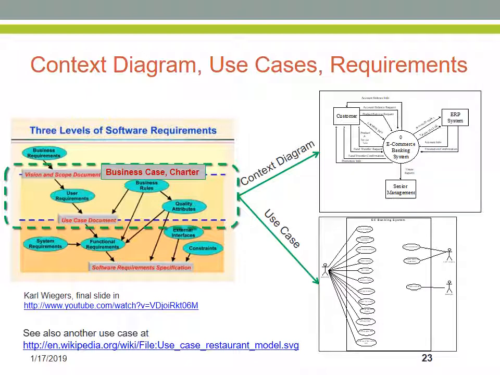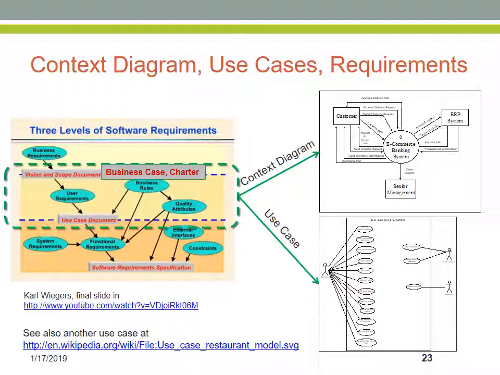So as we're looking at the green rectangle, namely the scope as it is documented in our business case and in our charter, at this level, this is where our project scope statement lives. Our project scope statement then specifically contains the product scope statement part that consists of a context diagram that we're seeing on the top right hand.